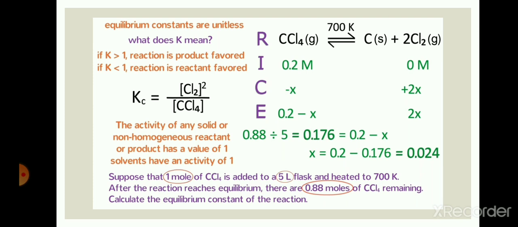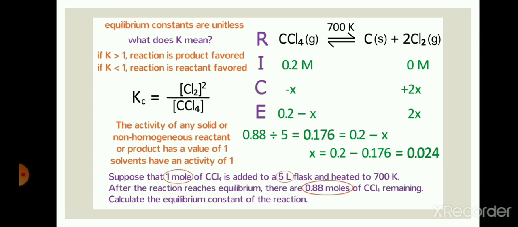If we add x to both sides and subtract 0.176 from both sides, we can calculate x to be 0.2 minus 0.176, which equals 0.024.